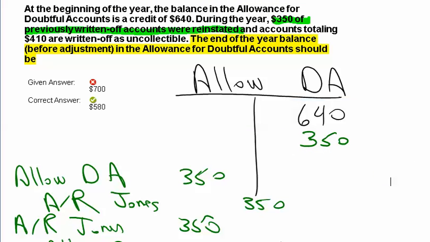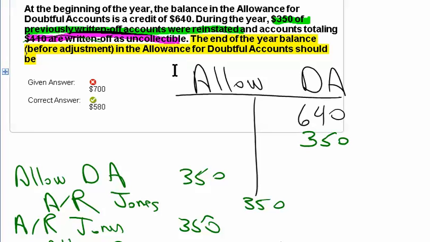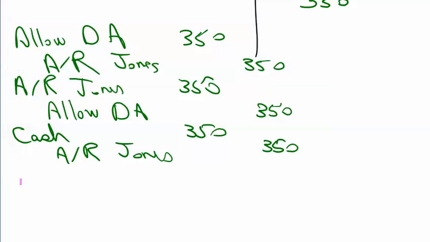It then says that $410 of accounts receivable were written off during the year. We found some other people who couldn't pay us, and so the journal entry to do that was to debit the allowance account.